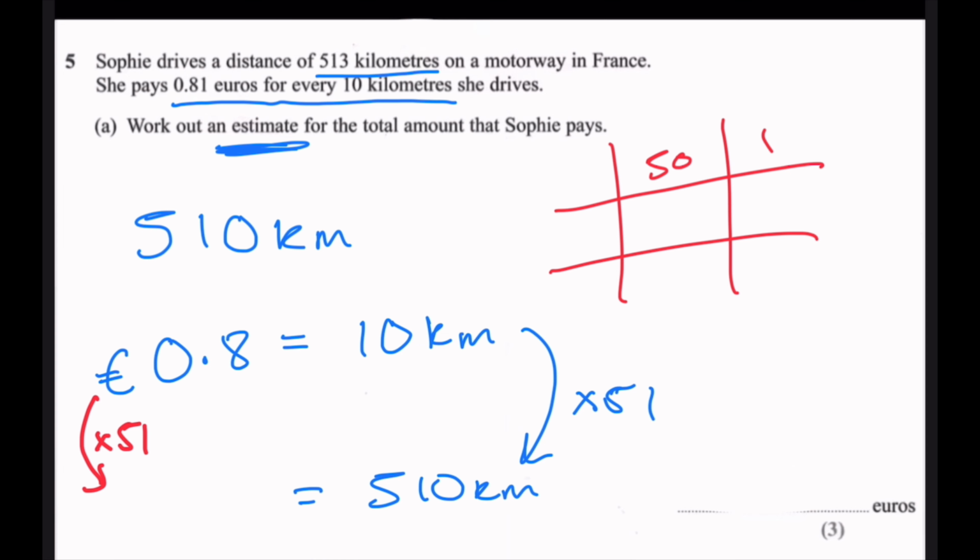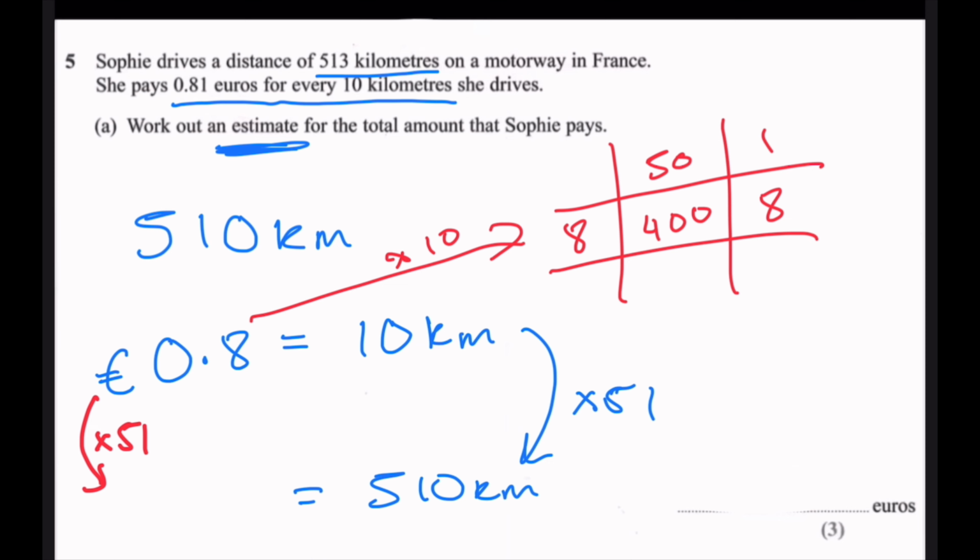And then I'm just going to do this times by 10. So I'm going to call this 8. Okay, 8. 51 times 8. So because I've times this by 10 to put it in here, I'm going to divide it by 10 at the end. So don't worry about that. I've just put this arrow in to make a note. 8 times 1 gives me 8. 8 times 50 gives me 400.